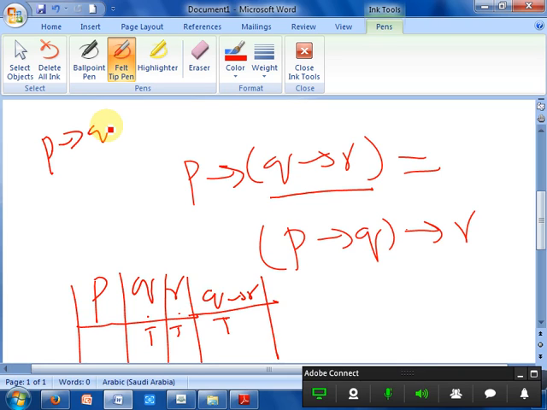If it is true false, then it is false. And the rest: true true is true, false true is true, false false is true. Always the same. True false is false. All others are true.